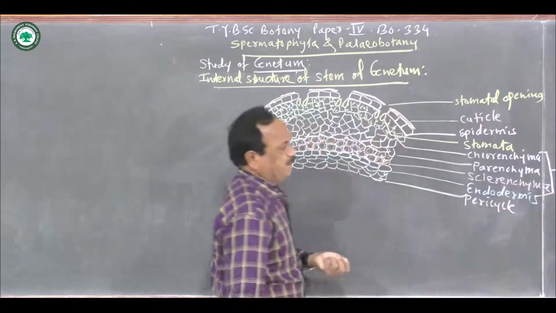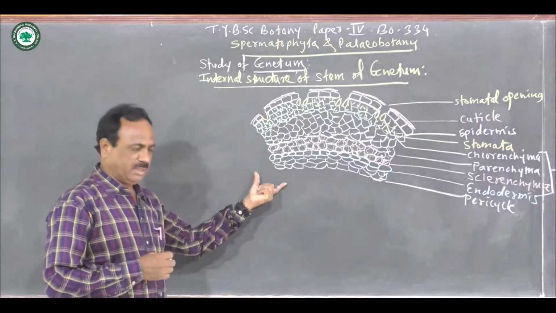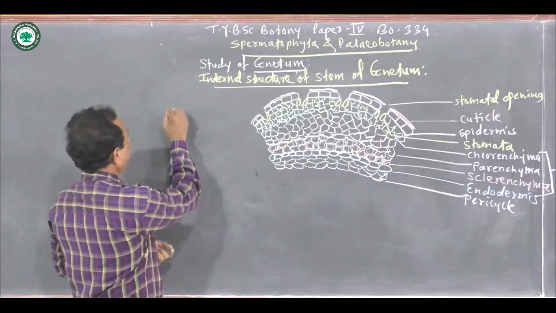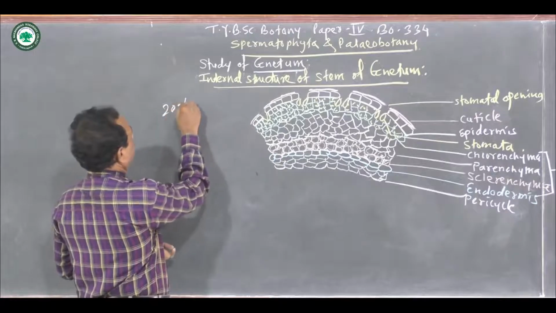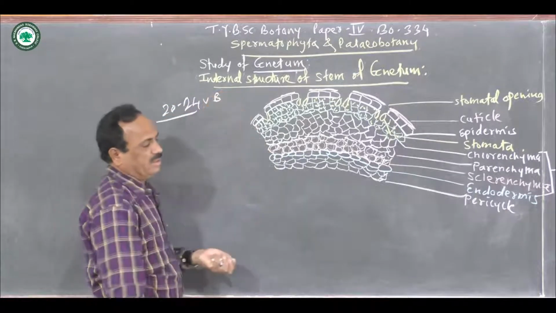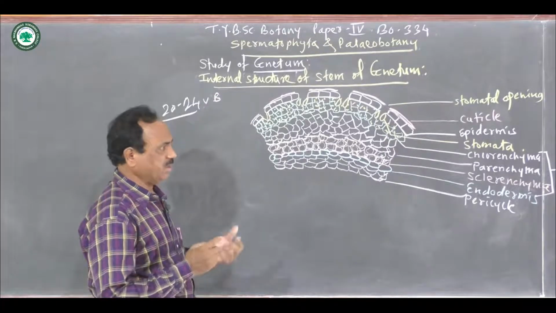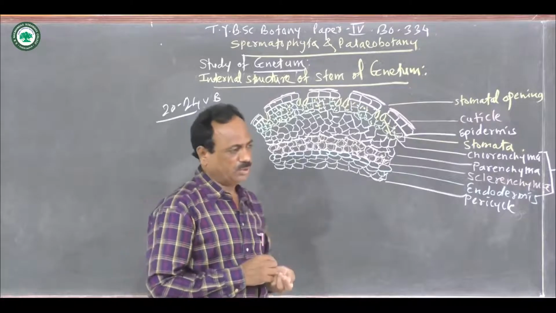And inner side to this pericycle, there are vascular bundles. Near about 20 to 24 vascular bundles are present in the stem of Gnetum. So in the initial stage, the number is 20 to 24.